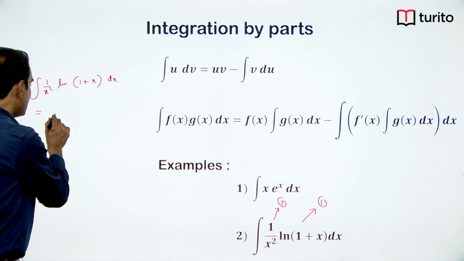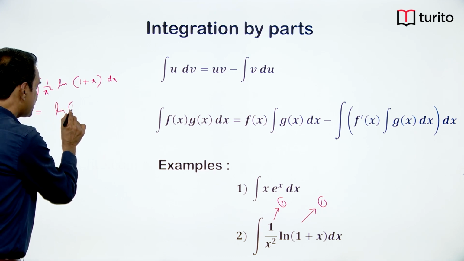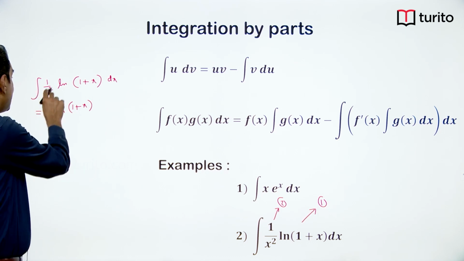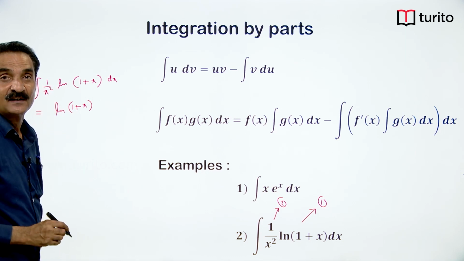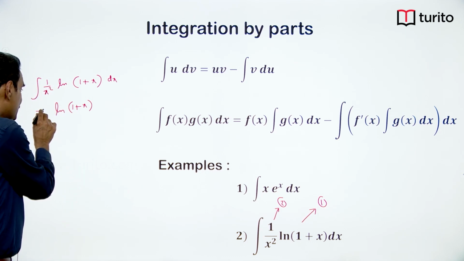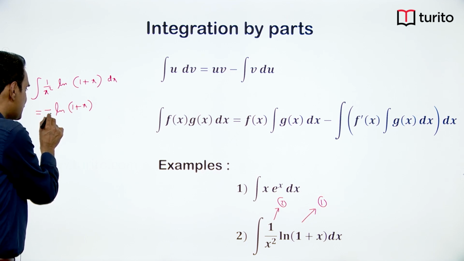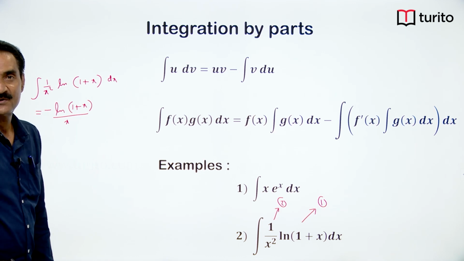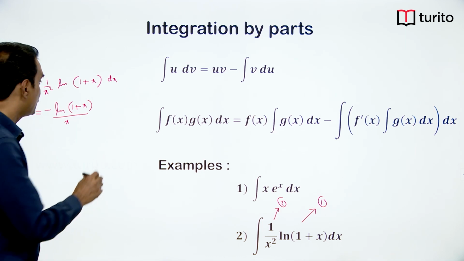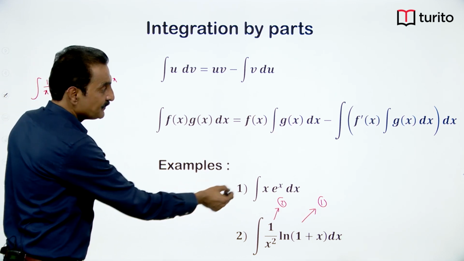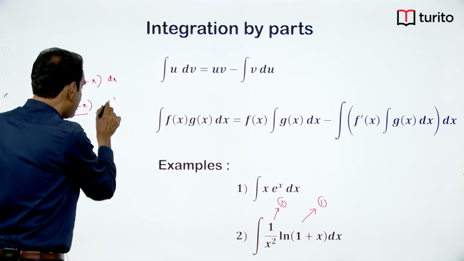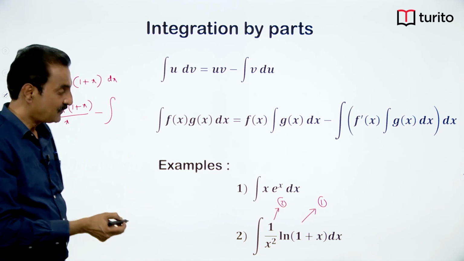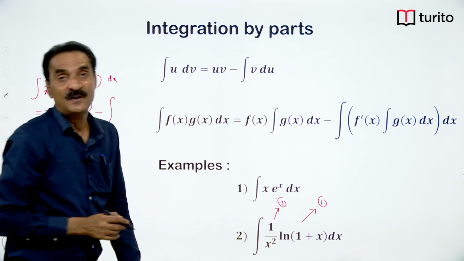First function is ln 1 plus x into integral of the second. What is the integral of 1 by x square? Minus 1 by x. So, into minus 1 by x means it will become minus 1 by x into ln 1 plus x, minus integral of f dash x, derivative of the first function. What is the first function? Ln 1 plus x.